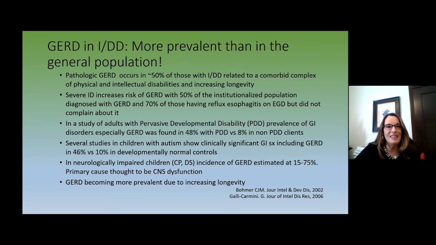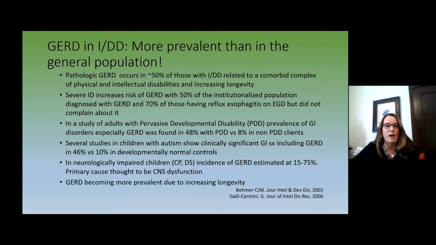So as you can see, GERD in IDD is much more prevalent than in the general population. And it's estimated that about 50% or more of those with IDD have GERD related to a comorbid complex of physical and intellectual disabilities and increasing longevity.